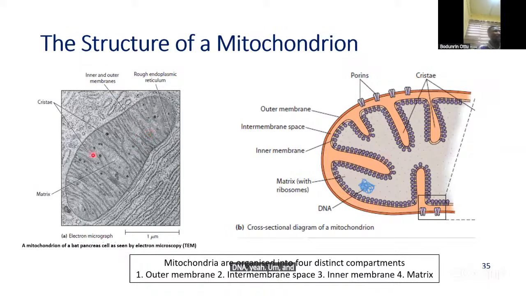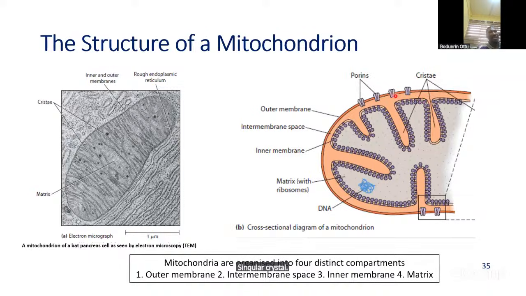And then if you look at this, you also have the cristae. So from the inner mitochondrial membrane, there is some form of invagination that protrudes inwardly that is called the cristae, singular crista.